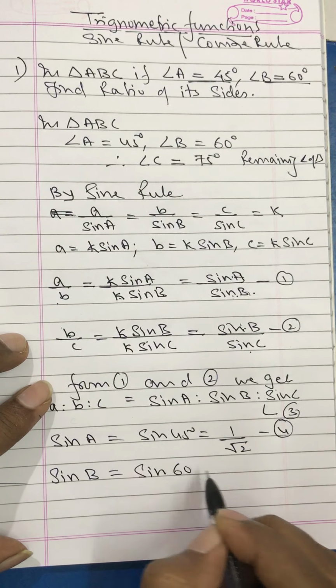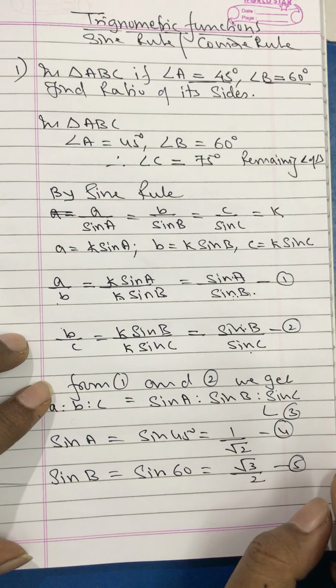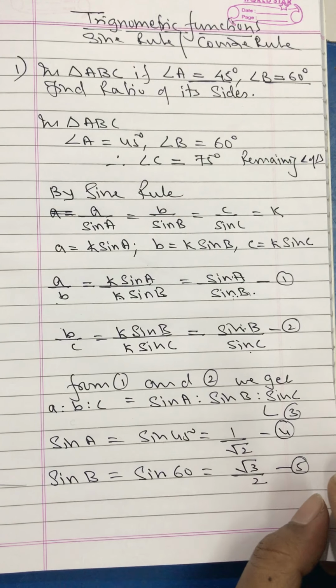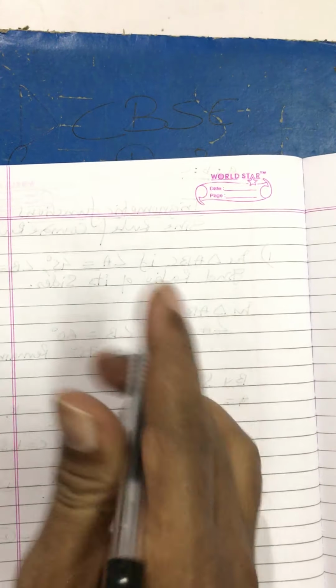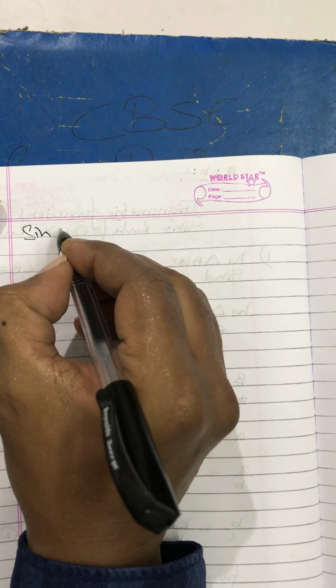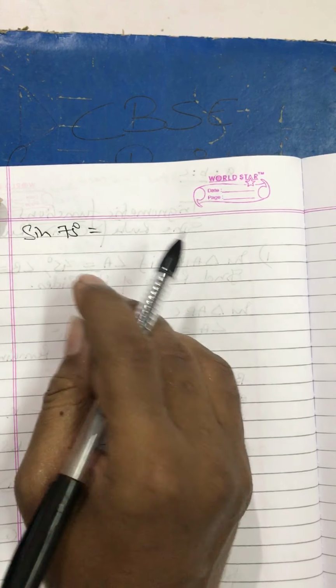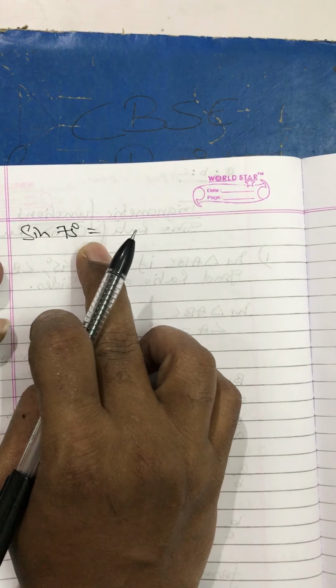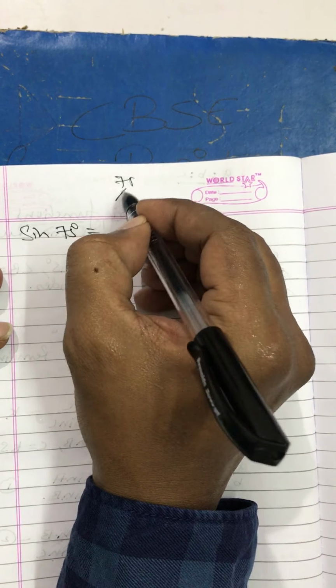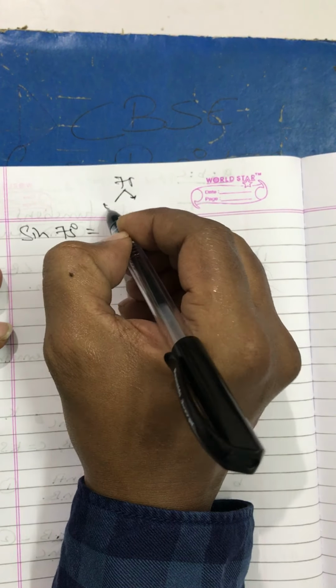That is equal to root 3 by 2. This also is done. Sine C, now we will have to work out over here because it is 75 degrees. So we don't have the value of sine 75 directly. You will have to split this into the known functions. So 75 can be split into known ones, 45 plus 30, right?